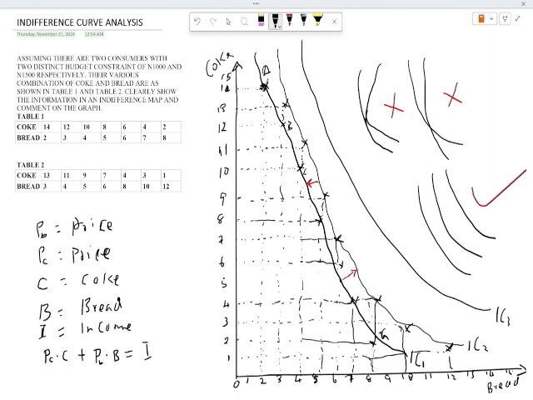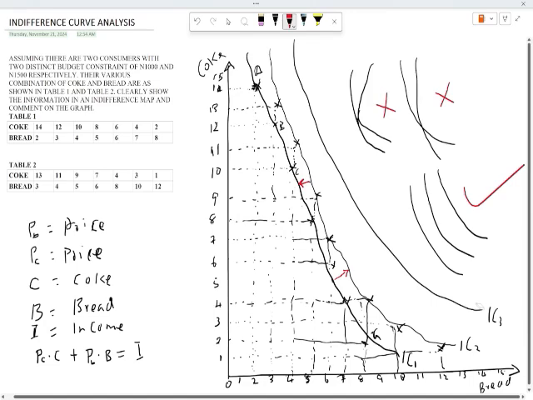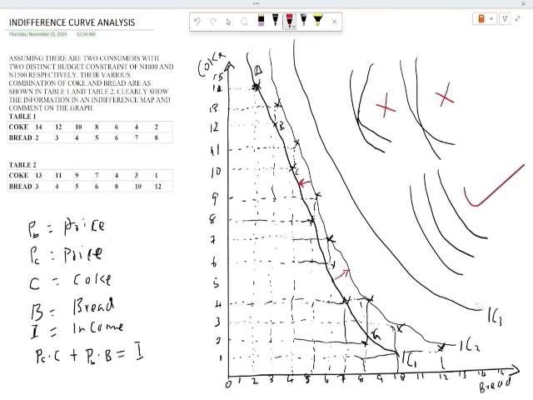If we have an IC3, it means that the consumer is enjoying a higher level of satisfaction, based on the fact that we have established earlier that the farther away an indifference curve is from the origin, the higher the level of satisfaction. The closer the indifference curve is to the origin, the lower the level of satisfaction. So for this individual, IC3 indicates a very high level of satisfaction.